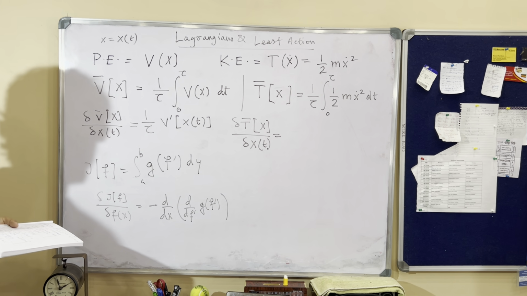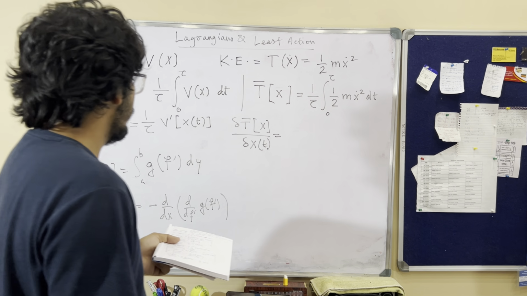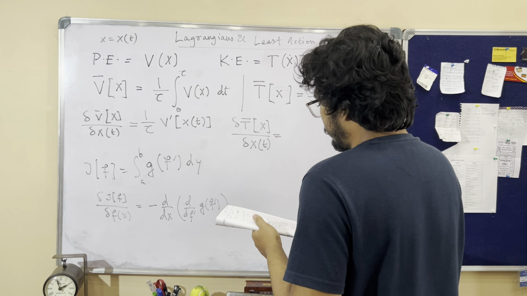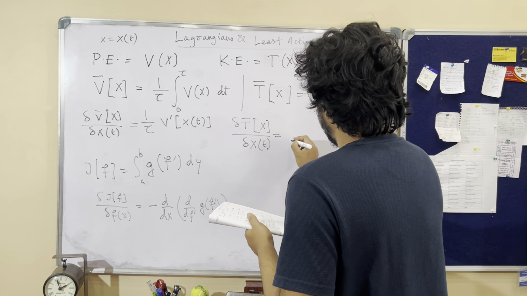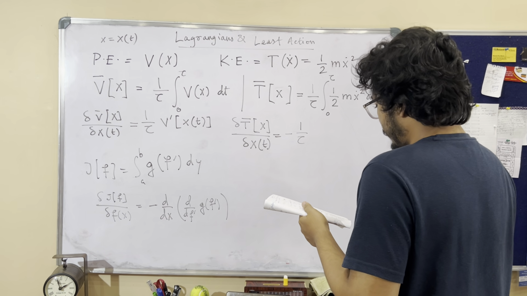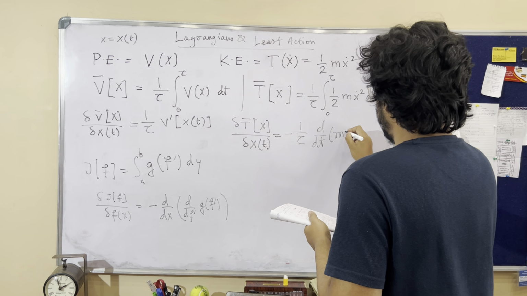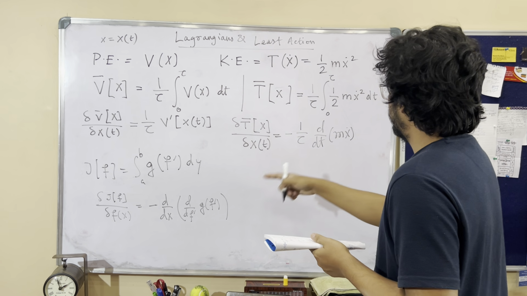In our case, it will look exactly like this: there will be a minus, there will be a 1 over tau, and the expression is just analogous to this one.